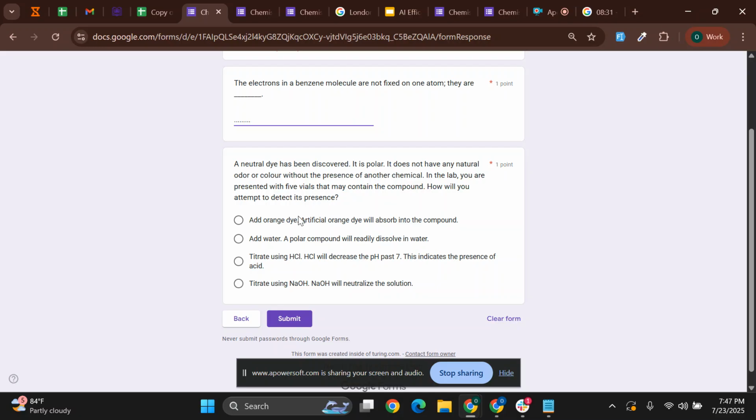Titrate using NaOH: NaOH will neutralize the solution. So I have read this.